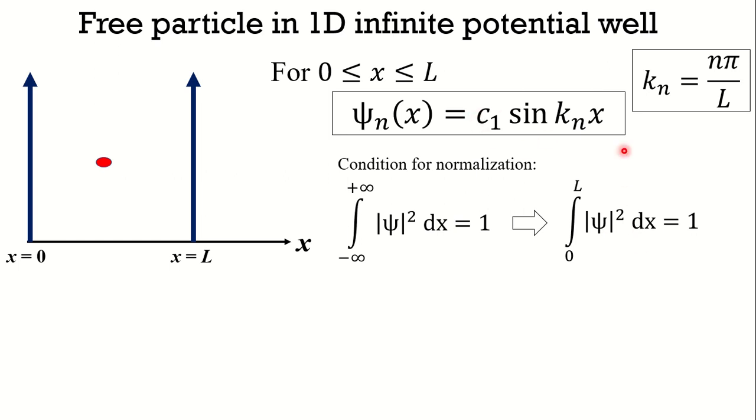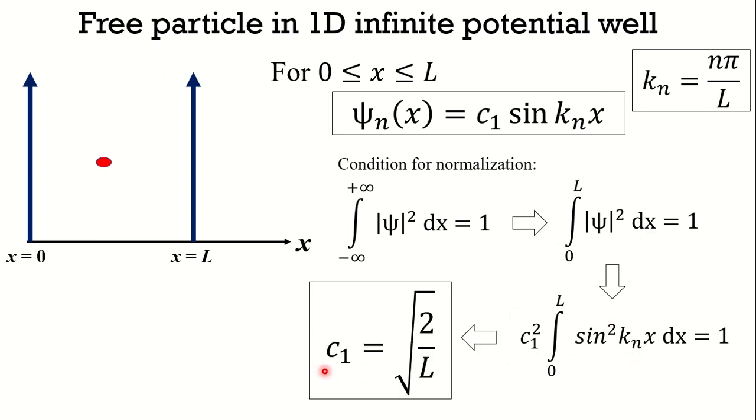If I put in the value of Kn and do this integration, I find that C1 is equal to root 2 by L. So using the normalization condition, we can estimate the value of the normalization constant C1.